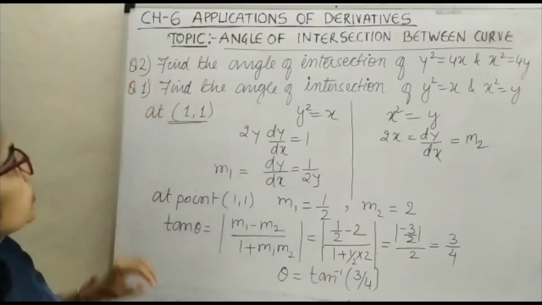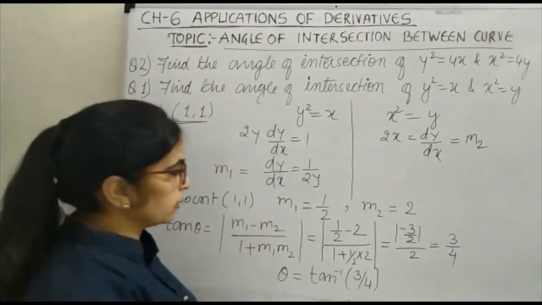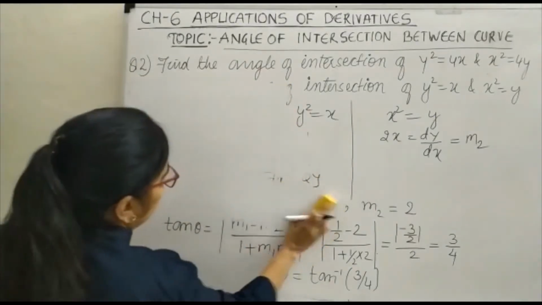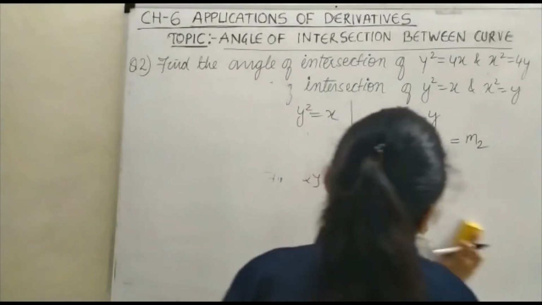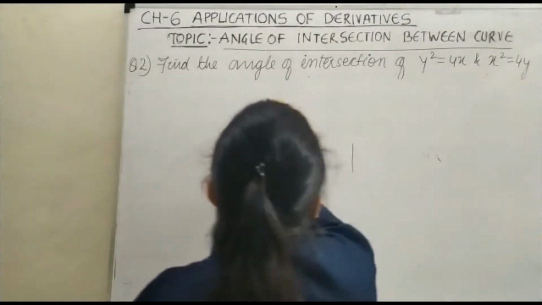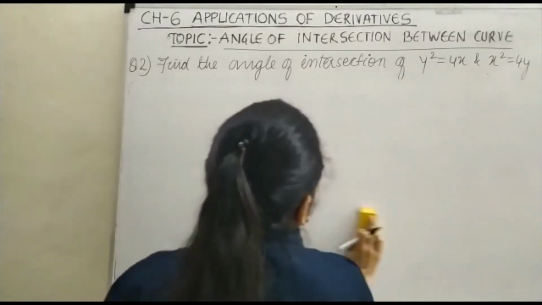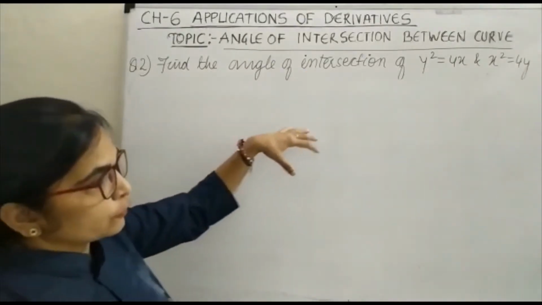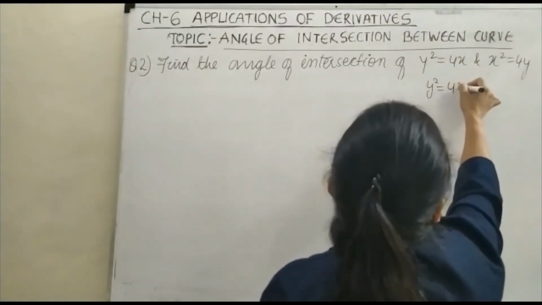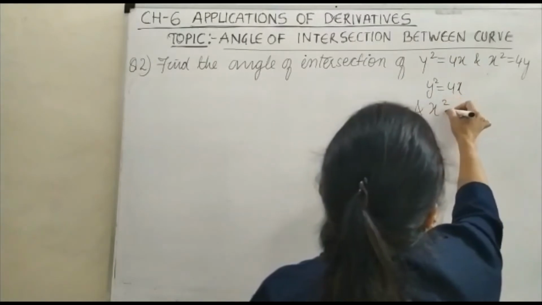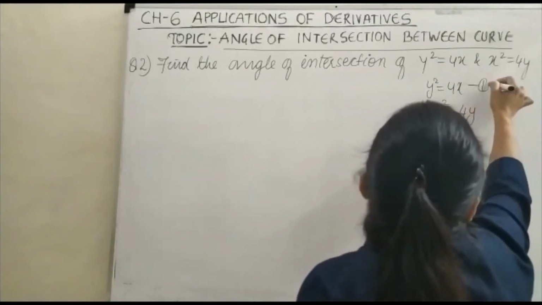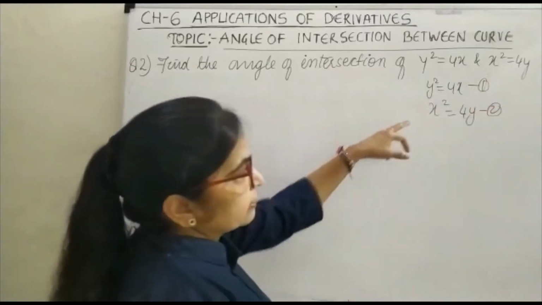Now let us see question number 2, in which the point is not given. In this we will work out the point. You can see it's given y square is equal to 4x and x square is equal to 4y. I am taking this as equation number 1 and this as 2. Just square equation number 2.